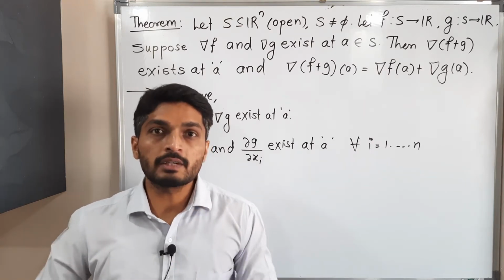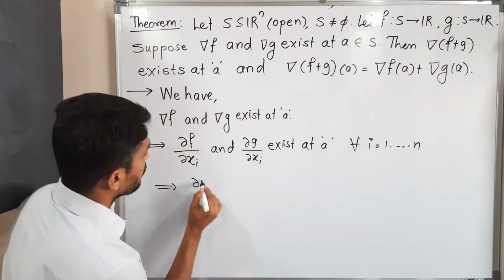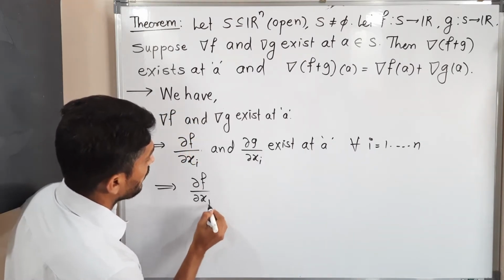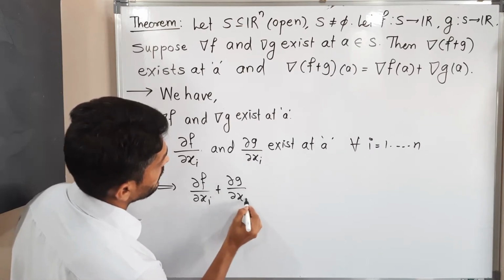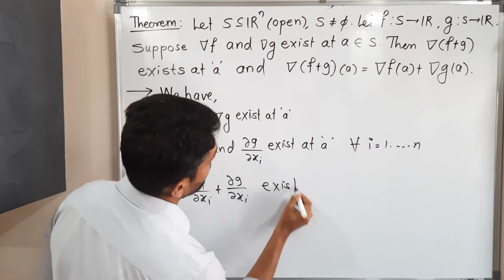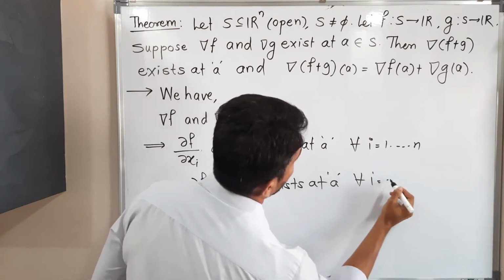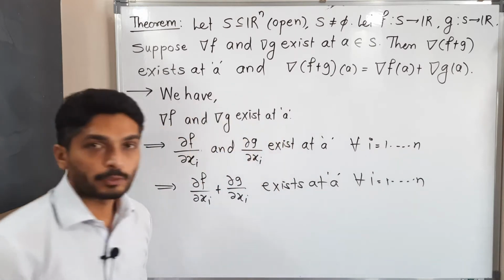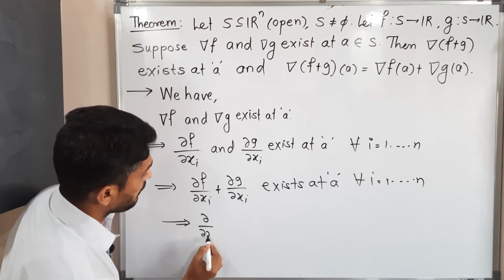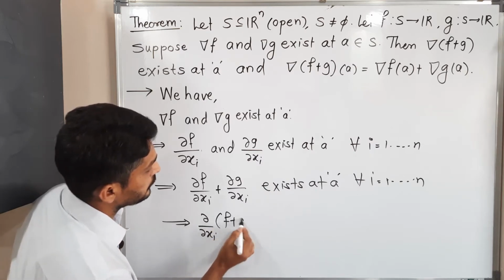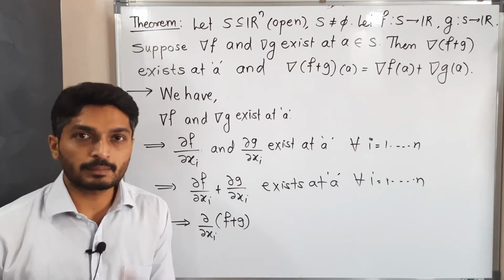See, if two derivatives exist, we can add them, okay? And so in this way we can write, therefore, ∂f/∂xi plus ∂g/∂xi exist at A, and again it is true for all i running from 1 to n. Can you tell me this is nothing but ∂/∂xi of (f plus g)? So you know well how to take partial derivatives. If addition is there, we can take separate derivatives.